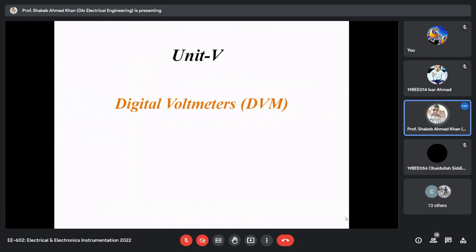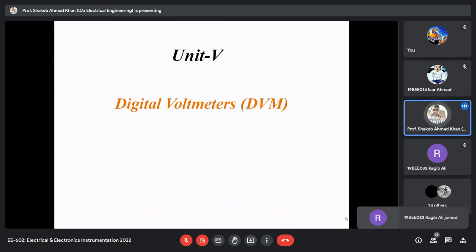Now, different digital voltmeter technologies we'll discuss, and they are very interesting. A digital voltmeter is basically not like other digital instruments, which employ the A to D converter. I'm more concerned about the metering instrument.